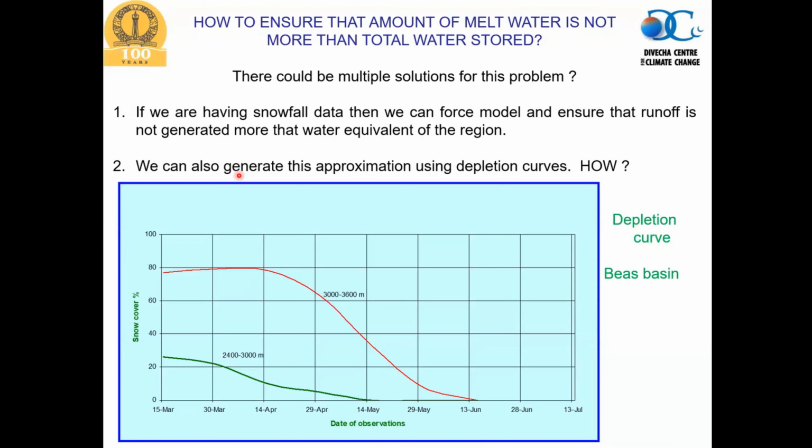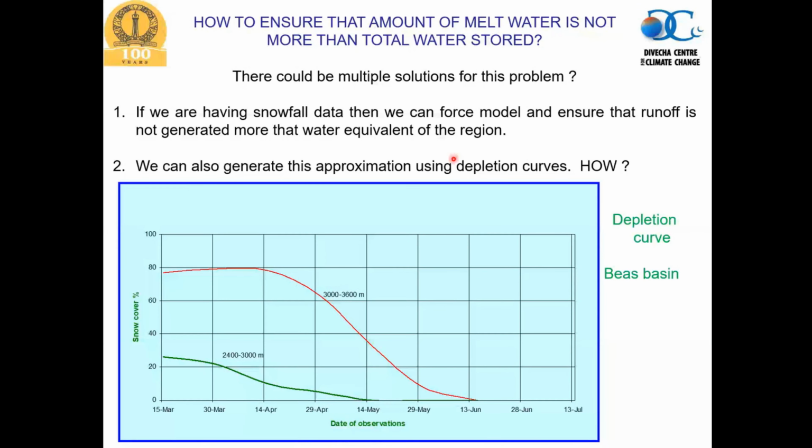So can we use a depletion curve to estimate the amount of water stored in the basin, or in each altitude zone? This work was done much in the 80s and 90s to understand, because there was not enough data available.